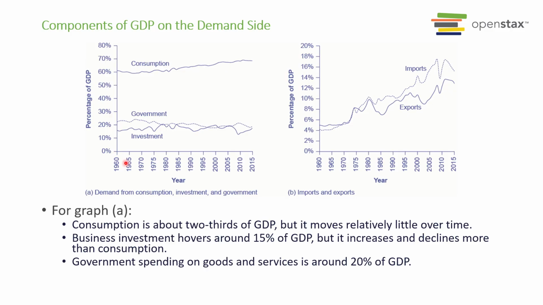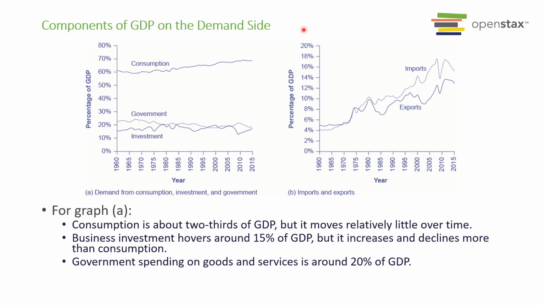And as you can see here, it actually remains fairly stable. And we've had a couple of pretty large recessions throughout this time period here, but you can see that not much is occurring. Consumption stays around 2/3 historically. Government expenditure somewhere around 1/5, and investment expenditure a little bit less than a fifth, right?